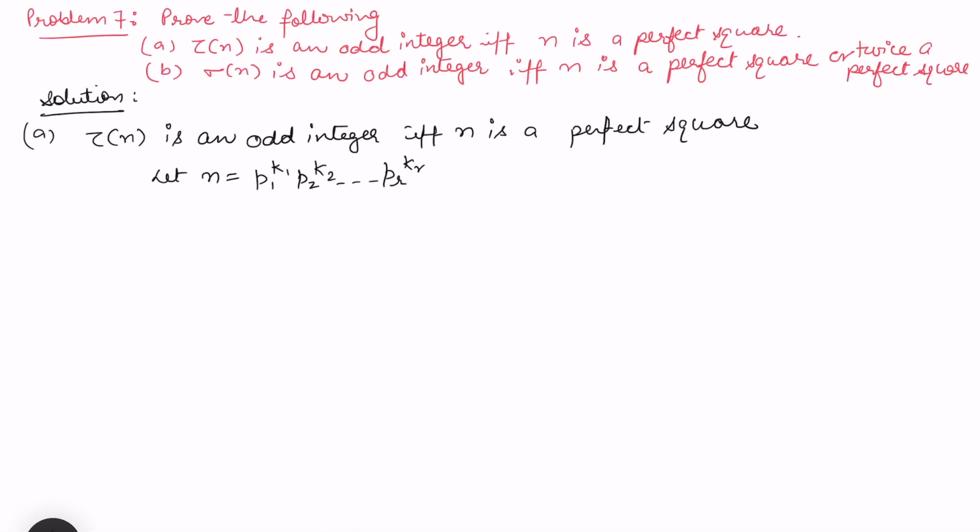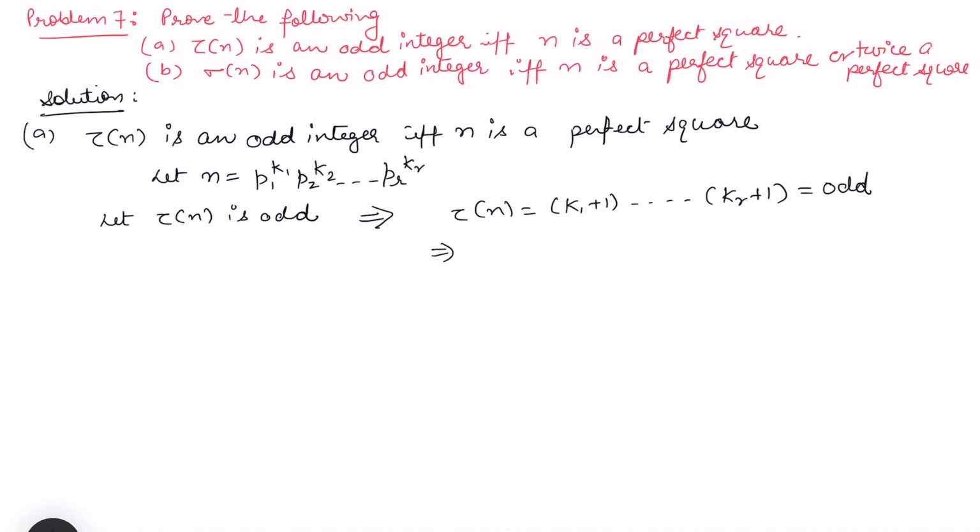So from here, let tau n be odd. If tau n is odd, this implies tau n by definition is (k1 plus 1) up till (kr plus 1), and this quantity is odd. This quantity being odd means that each of ki plus 1 must be odd, because if any one of these quantities is even, the product is going to become even.